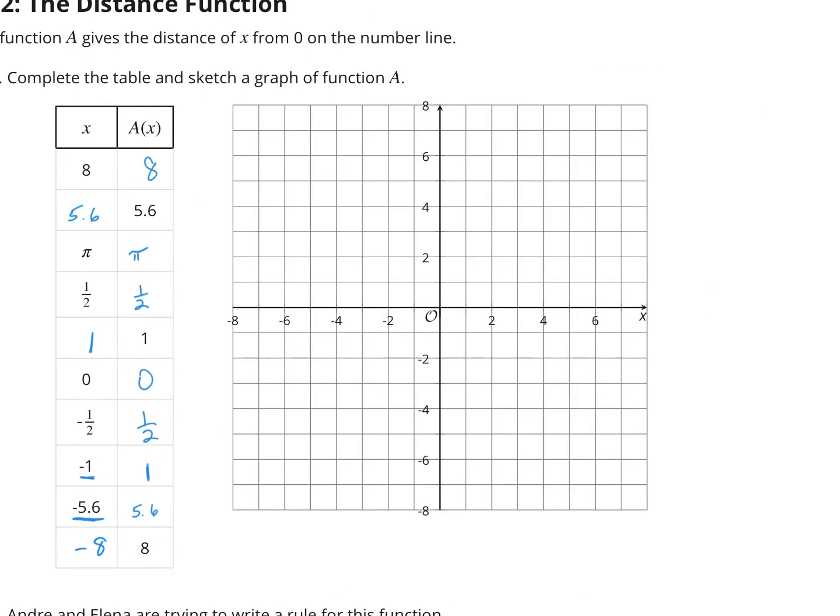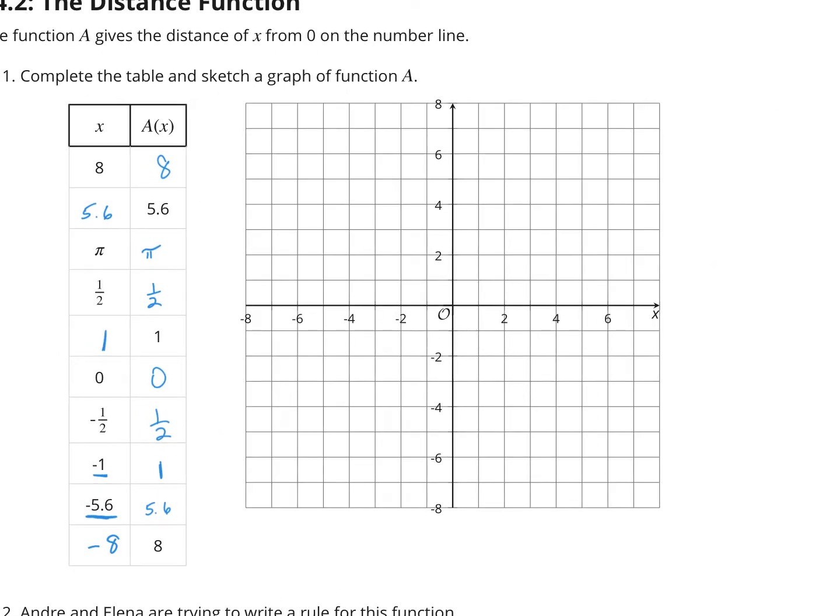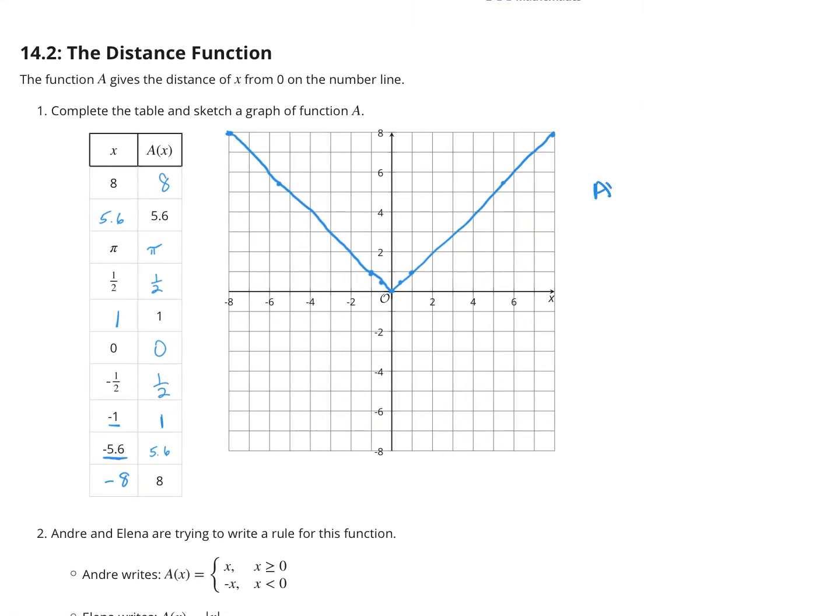All right, so I'm going to go ahead and plot the points, and then you'll be able to see all the points plotted once I'm done. So here is our graph of this function. We can see that this makes up an absolute value function.